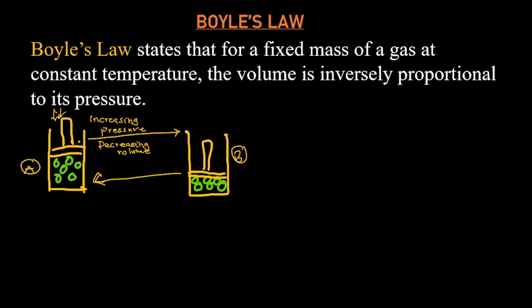We are pushing down this piston. As a result of A, we have this. You can see that over here the particles are quite far from each other, but over here they are closer to each other, and so the volume has decreased. The volume of the gas here has decreased because we have pushed down the piston. Now when we come to B, what if we pull up the piston?